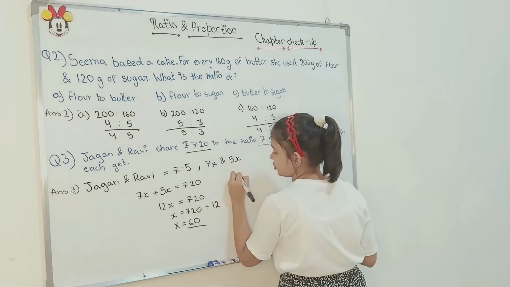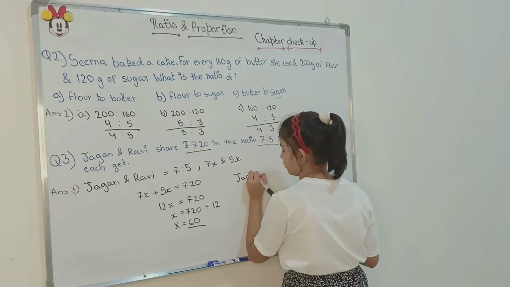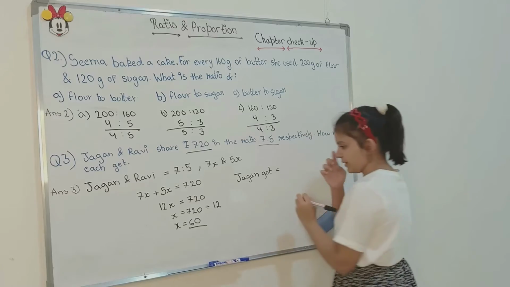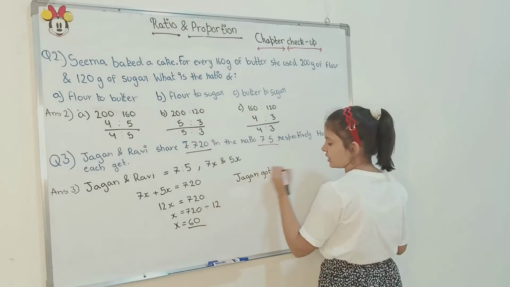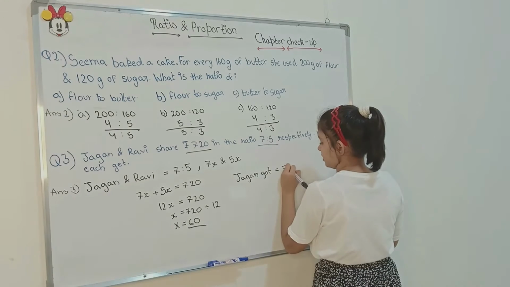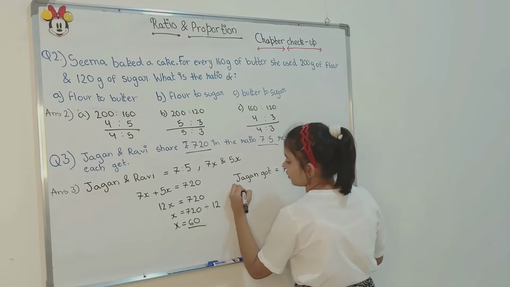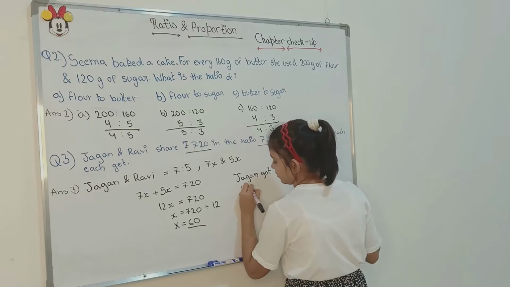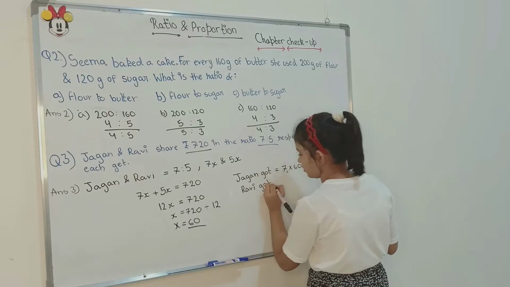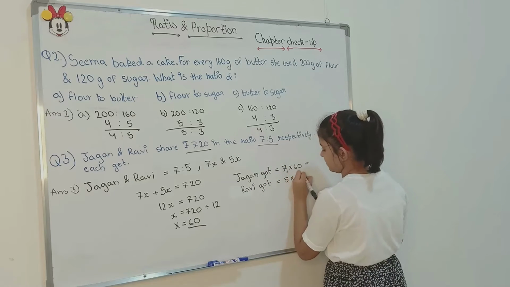So we'll write Jagan got 7 into 60. Then we'll write Ravi got is equal to 5 into 60.